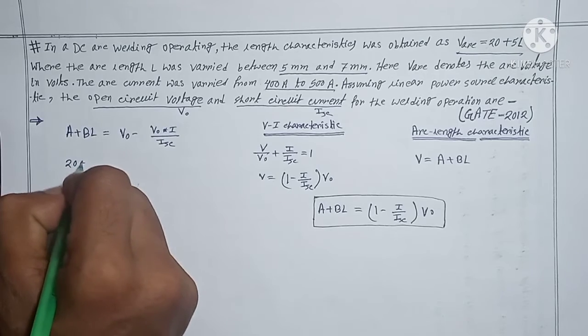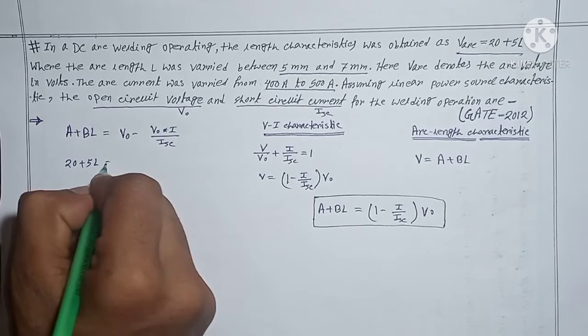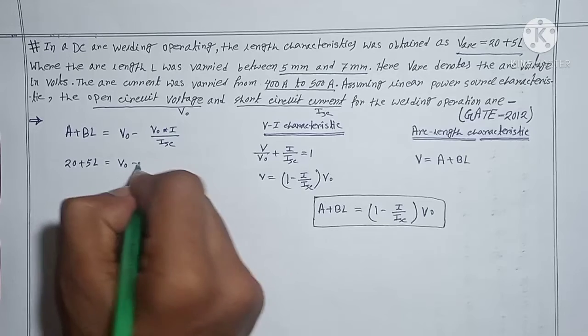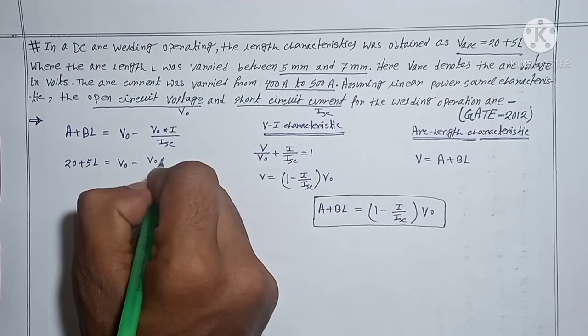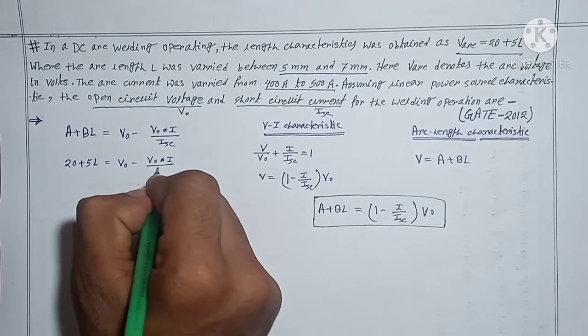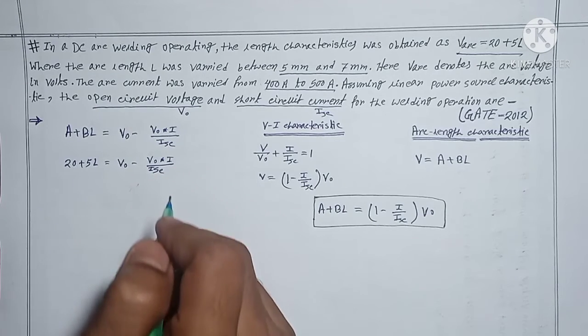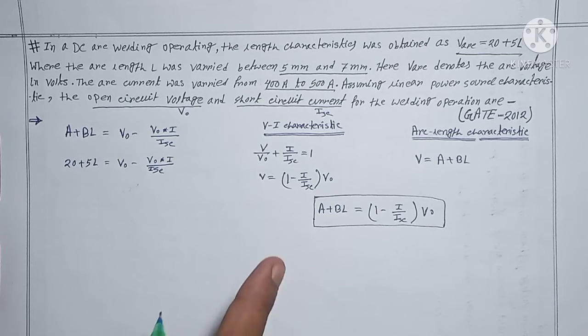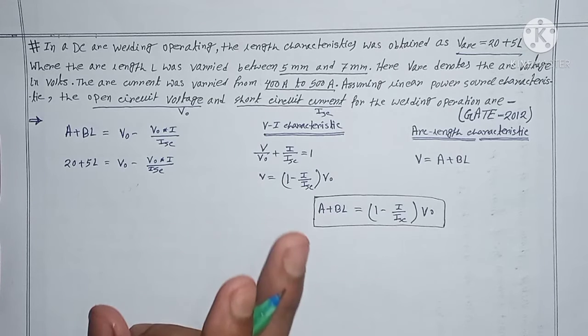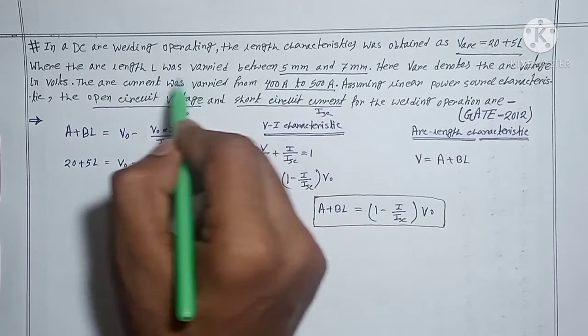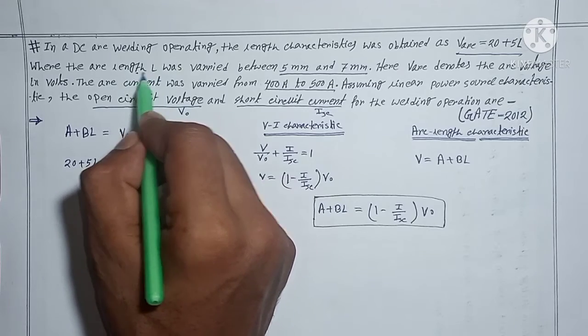So 20 plus 5L is equal to V naught minus V naught into I by Isc. Now the next step is to find the two equations corresponding to the arc length.